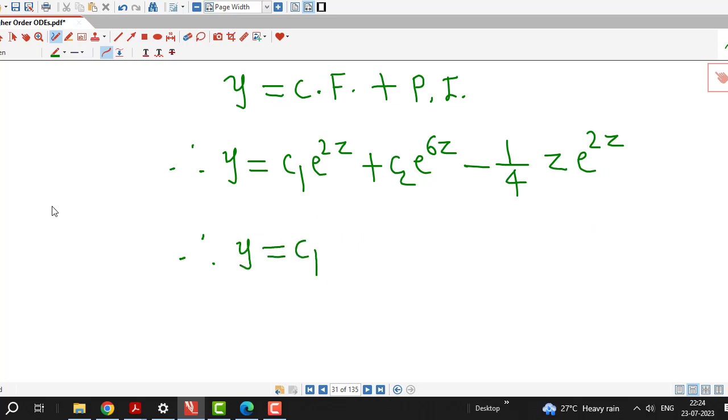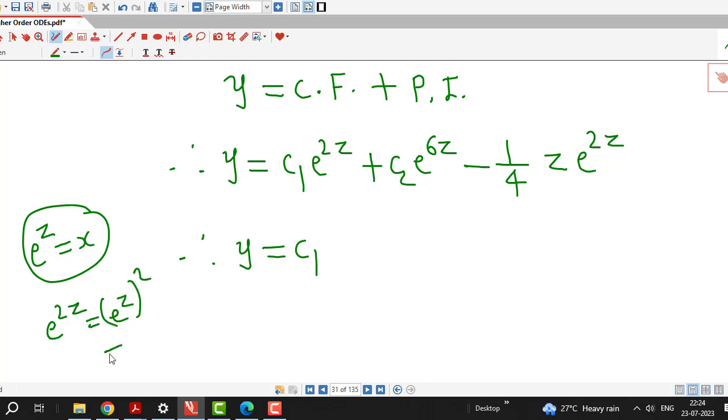And recall that we have taken x equal to e raised to z, that is e raised to z will be replaced by x, and if I have e raised to 2z, that I can write as square of e raised to z. E raised to z is x, that is I will have x square.